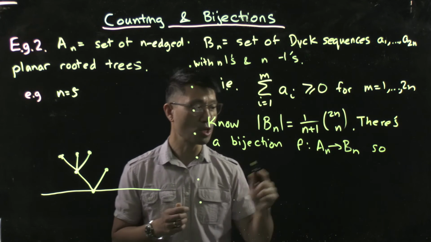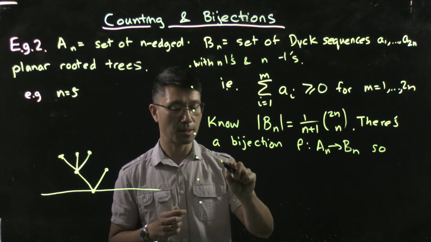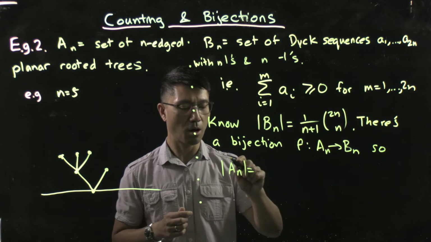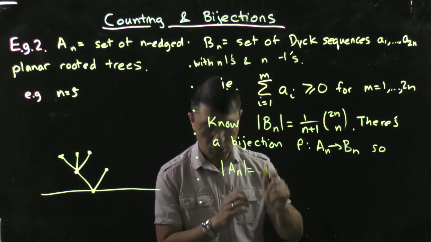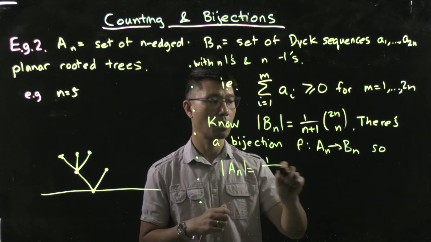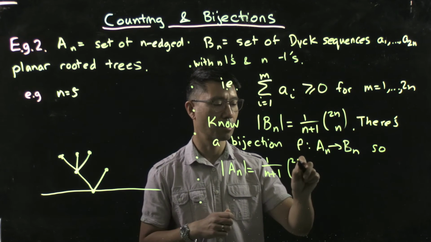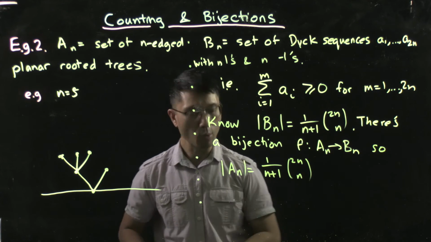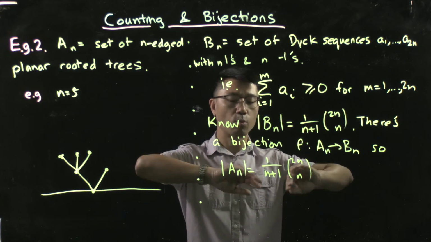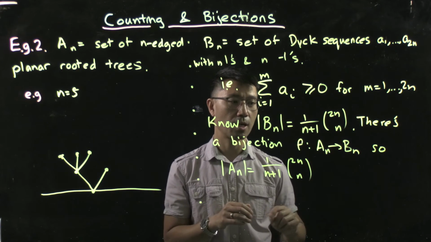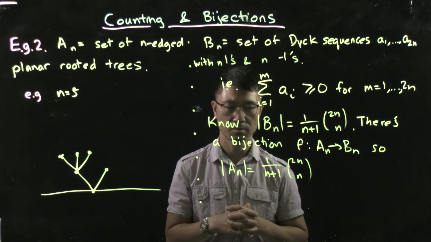If there is a bijection from An to Bn, that means the number of elements in An is also equal to the same thing. There's a 1-1 correspondence between these 2 sets, and that implies they have the same number of elements, and so this is what you get.